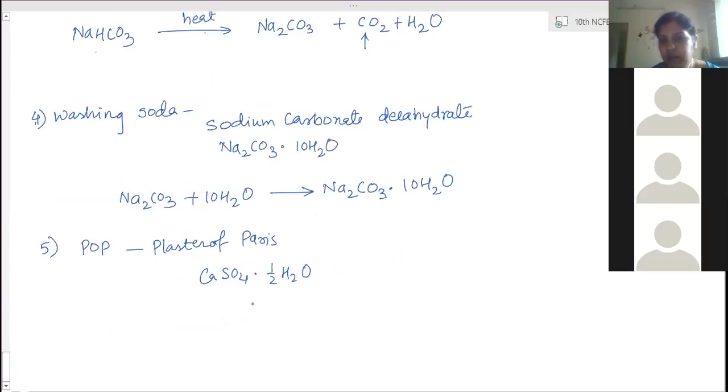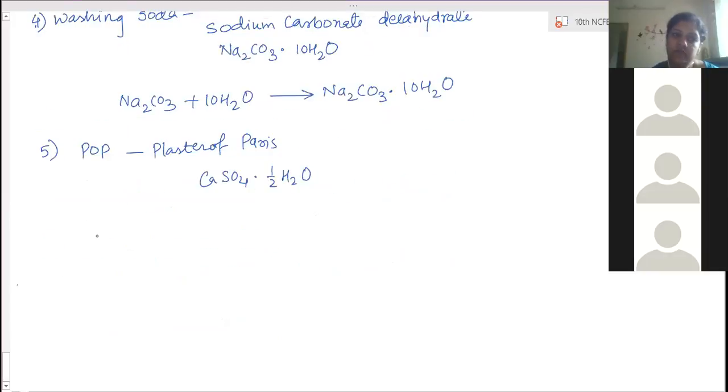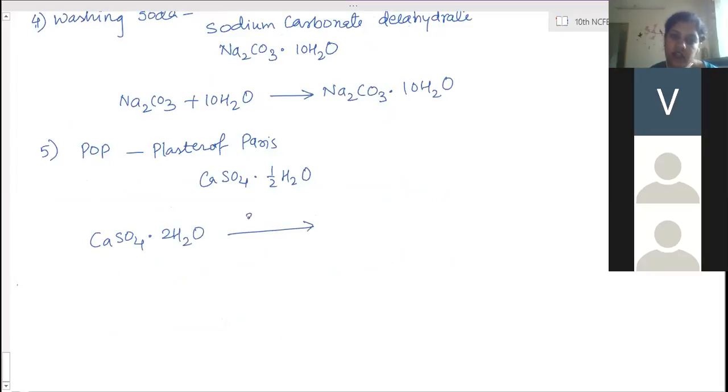Calcium sulfate hemihydrate is the chemical name of plaster of Paris. It is prepared by heating gypsum at 373 Kelvin, which produces CaSO4 dot half H2O plus 1.5 H2O. So this way POP can be produced.